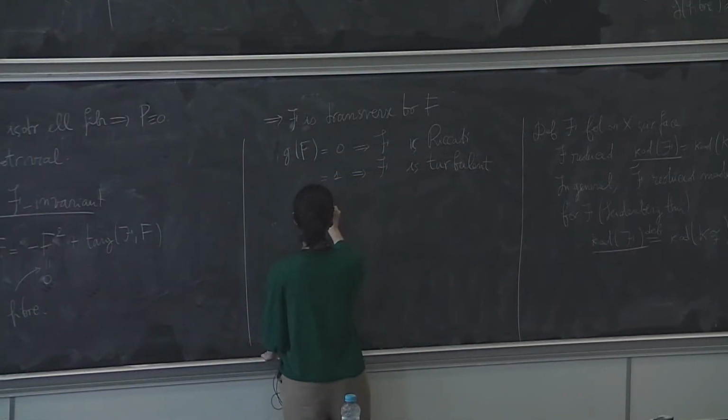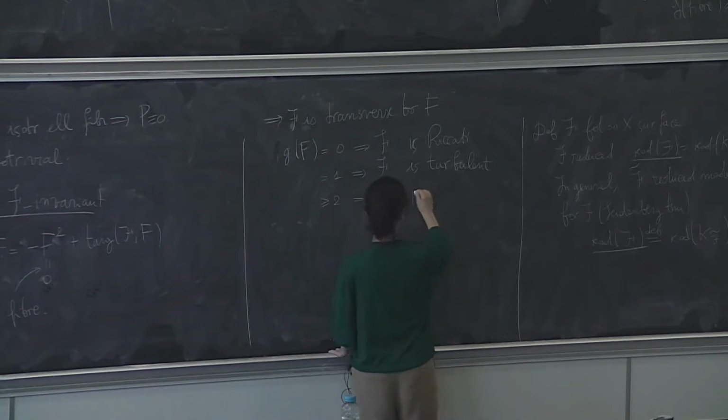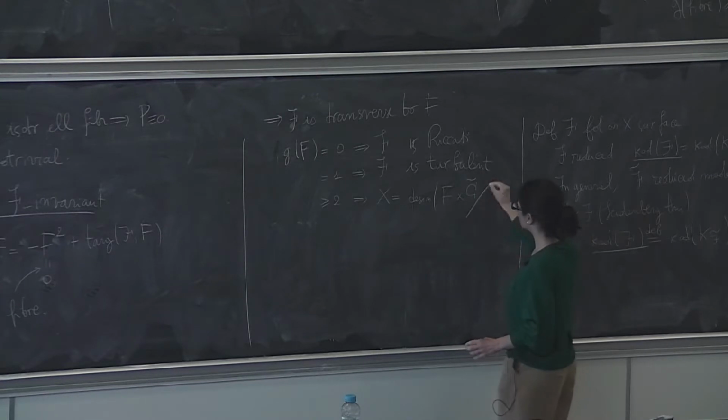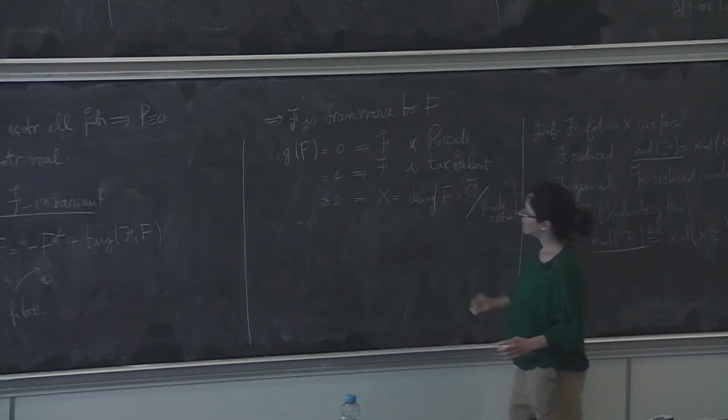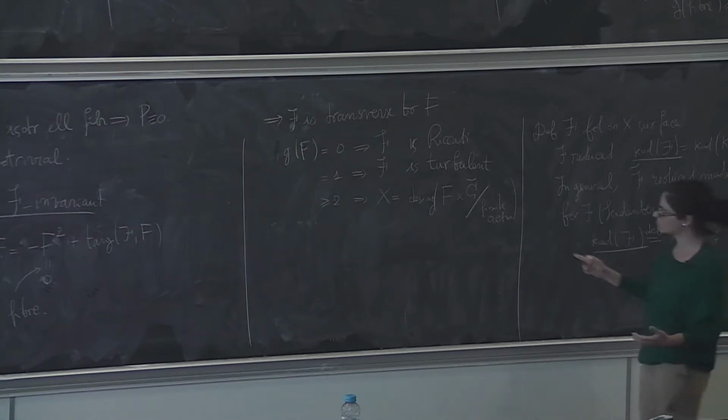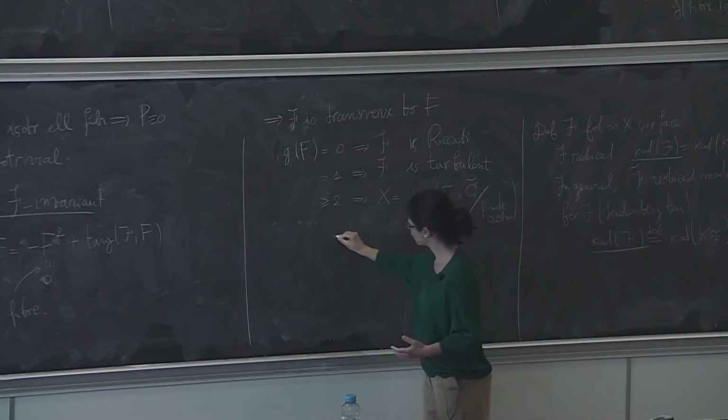And if the genus of F is at least 2, then X is, well, the desingularization of F cross C tilde modulo a finite action, and the foliation is induced by the projection onto some quotient of F.